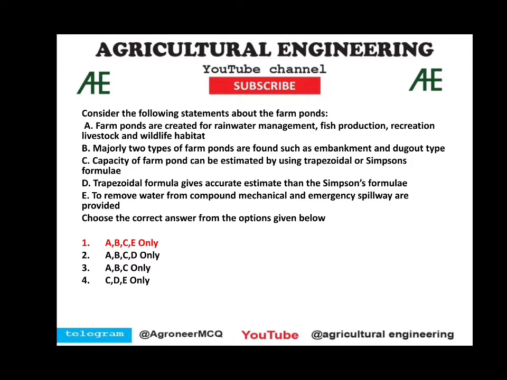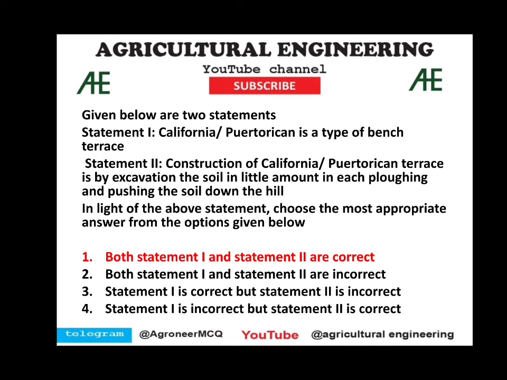Trapezoidal formula gives more accurate estimate than the Simpson's formula. This statement is incorrect, so option D will not be the answer. Option E, to remove water from the pond, mechanical and emergency spillway are provided. This option is correct. So options A, B, C and E are correct statements about farm ponds.